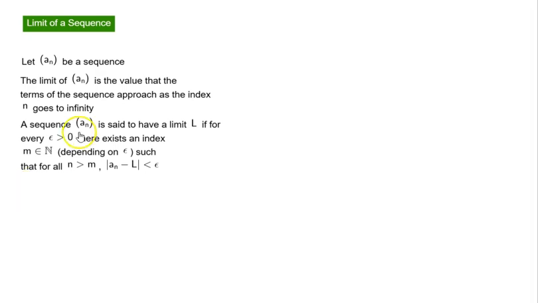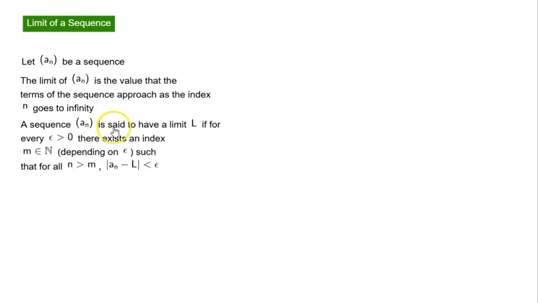More formally, a sequence a sub n is said to have a limit L if for every epsilon greater than 0, there exists an index m in the set of natural numbers depending on epsilon, such that for all n greater than m, magnitude of a sub n minus L is less than epsilon.